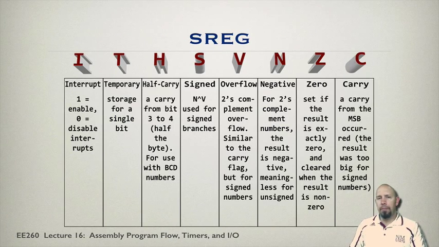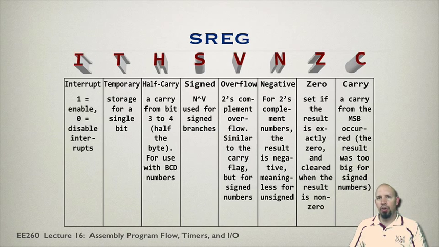For a lot of the branching instructions, the status register is the thing that decides a lot of aspects of the branching. So the status register, again, just by way of review, this pops up all over the place.